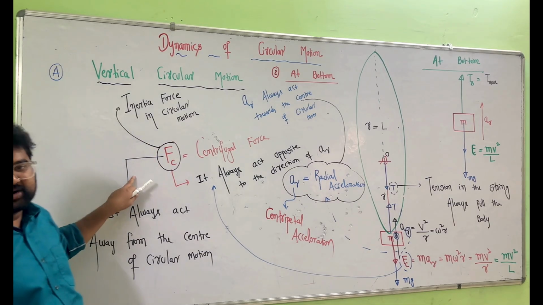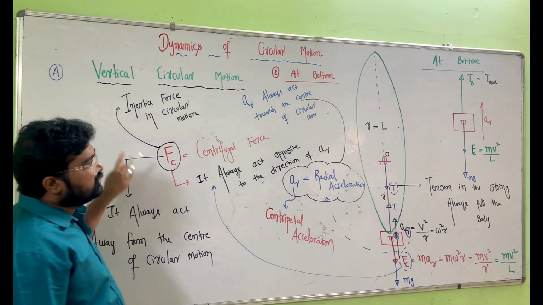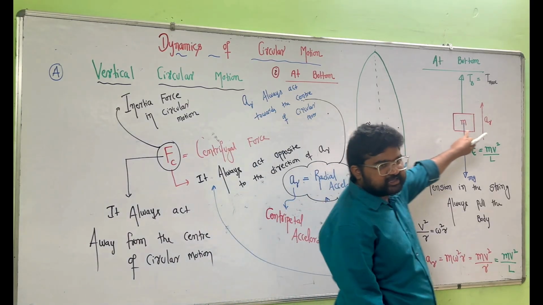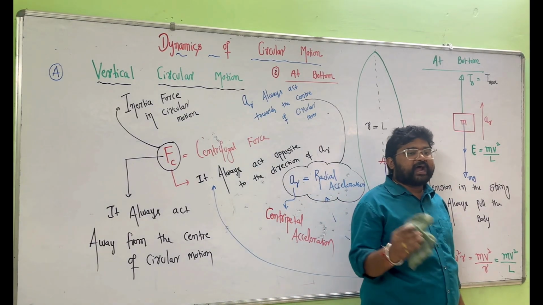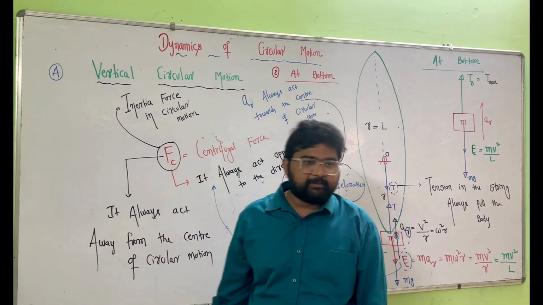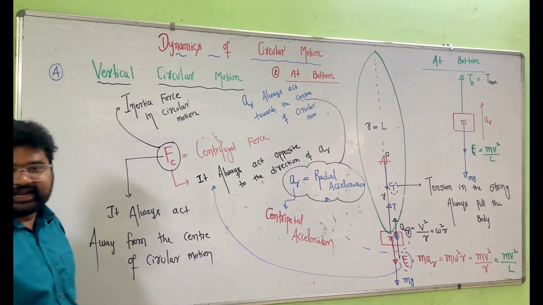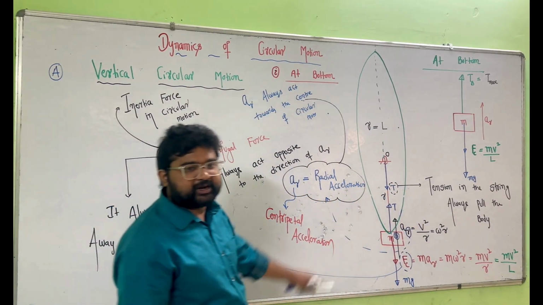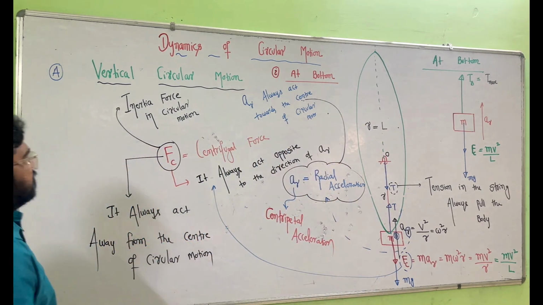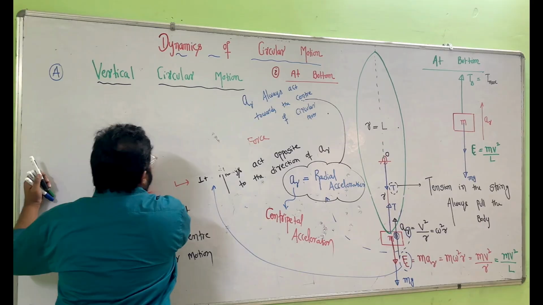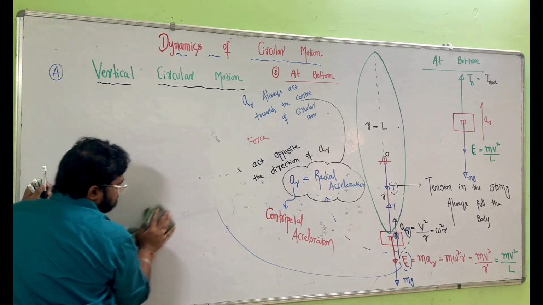Inertia force in circular motion is the centrifugal force. When centrifugal force is represented in the free body diagram, the dynamic problem is converted into a static problem according to D'Alembert's principle. We generally apply D'Alembert's principle in dynamics. Now, apply D'Alembert's principle.